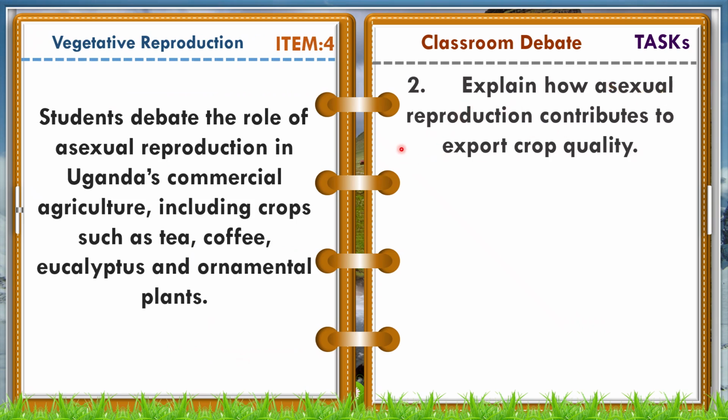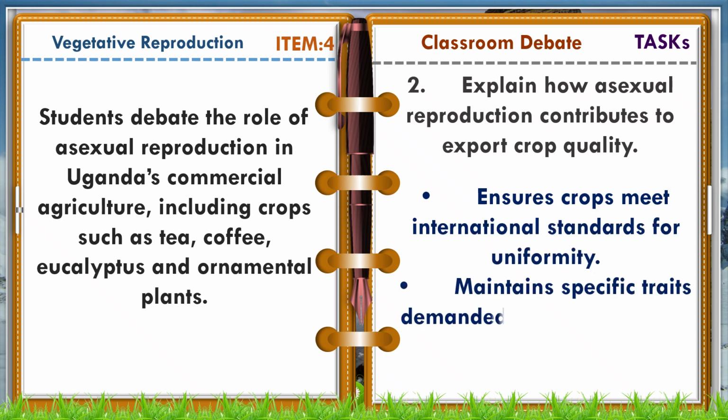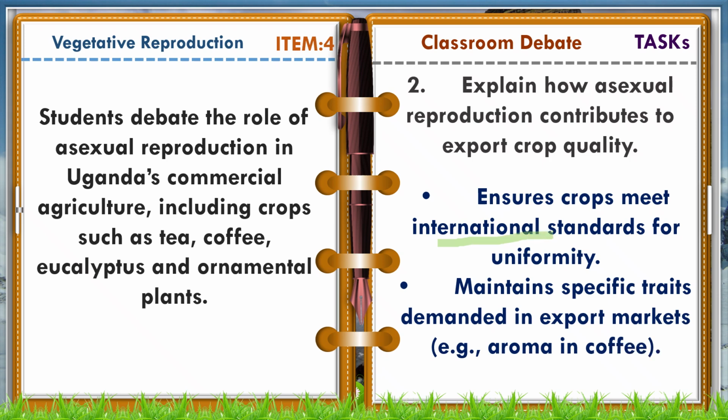Explain how asexual reproduction contributes to export crop quality. Ensures crops meet international standards for uniformity. It maintains specific traits which are demanded in export markets, for example, aroma in coffee.